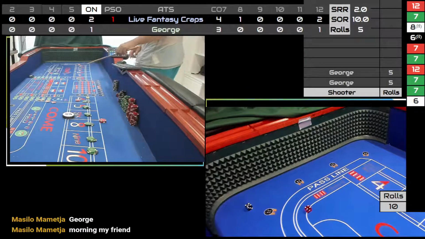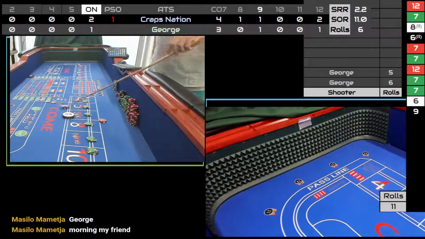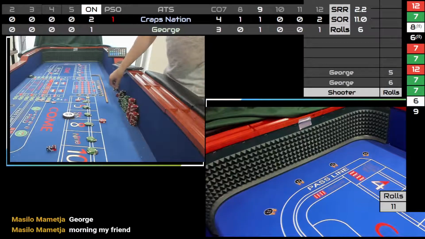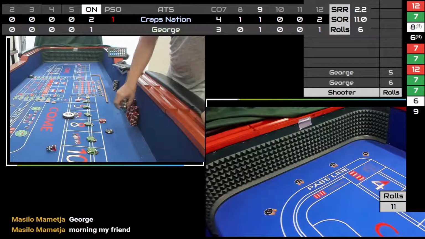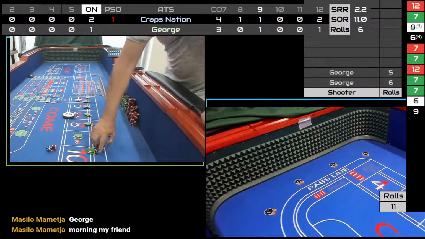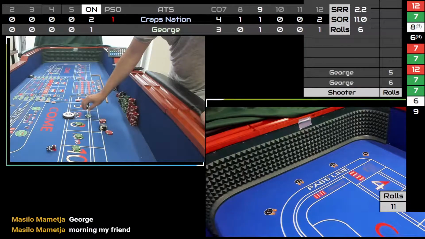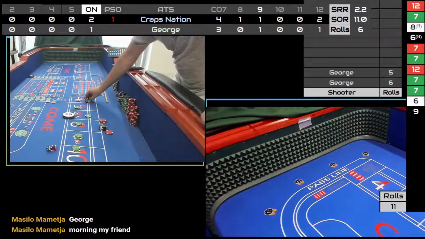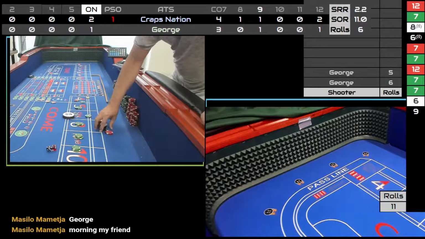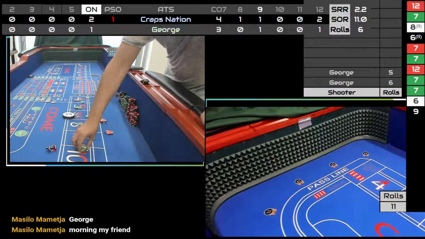5-4-9, stayed on axis. $210. No need for more. Got what we wanted.